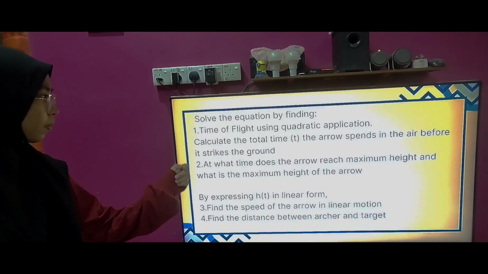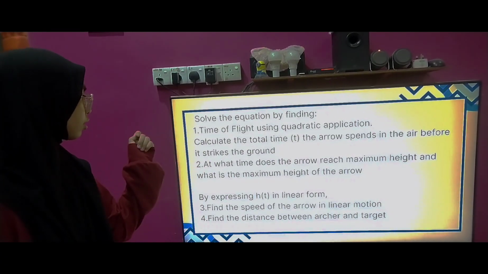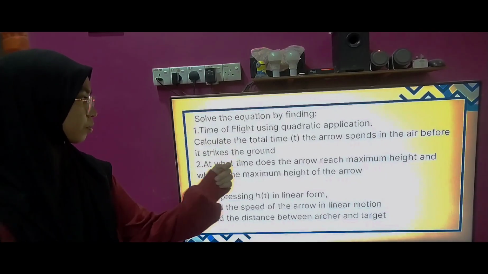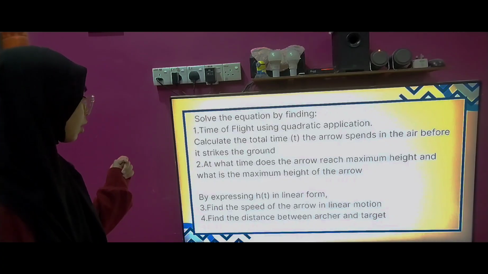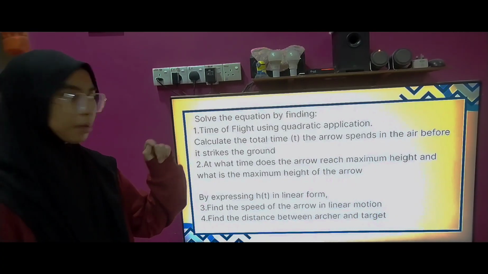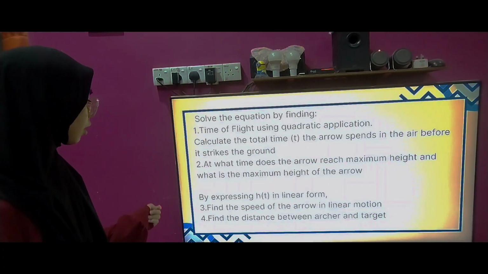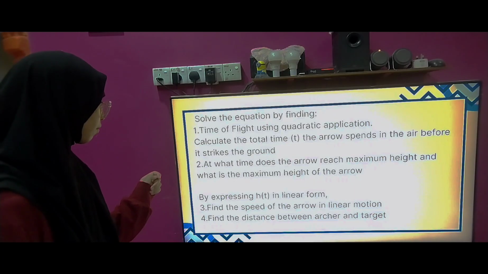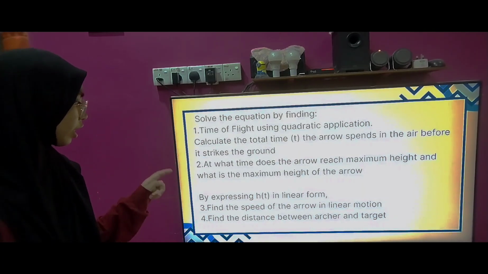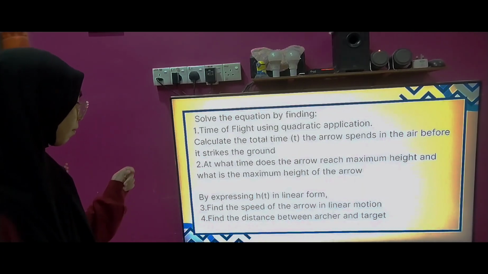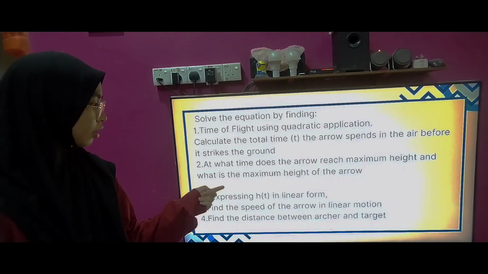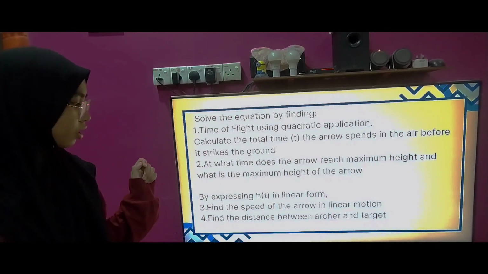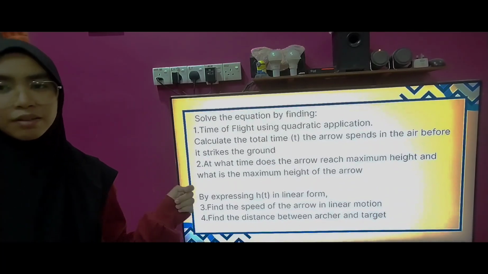Calculate the total time the arrow spends in the air before it strikes the ground, at what time the arrow reaches the maximum height, and what the maximum height of the arrow is, by expressing h(t) in linear form. Finally, find the speed of the arrow in the linear equation and find the distance between the archer and the target.